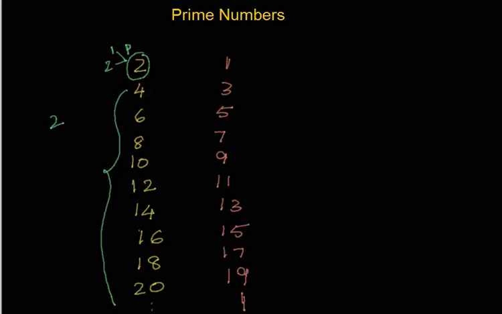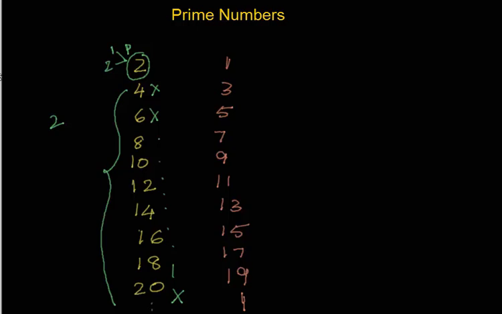So that means in addition to 1 and the number itself, there is another factor for all even numbers, that is number 2. So that means all these even numbers except 2 are not prime. So 2 is the only prime number which is also an even number. So except 2, all other even numbers are non-prime numbers.